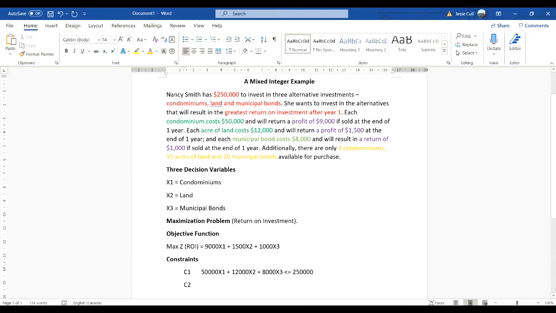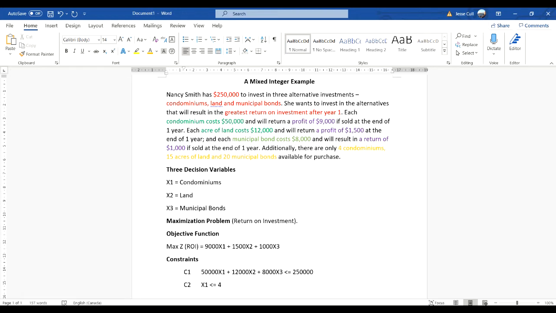Our second constraint, we've talked about this, we've covered this, we're now down to our three key pieces of information at the bottom. So in this situation, X1 represents condominiums. X1 must be less than or equal to 4.